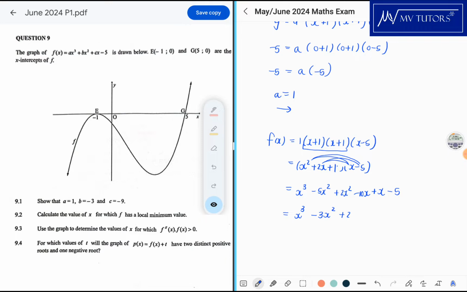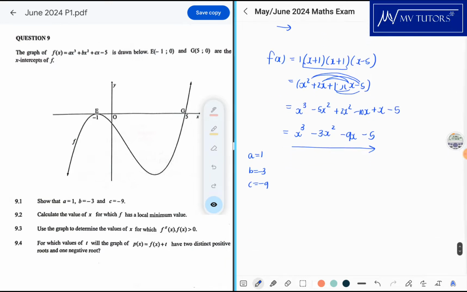Okay, then we have x minus 5. Okay, cool. So minus 10x plus x, that's minus 9x, and then minus 5. All right, so therefore I see that a is 1, b is minus 3, and c is negative 9. Okay, it's a good thing they told us what these values are, or else I would have made a mistake and continued with it, which is not good.